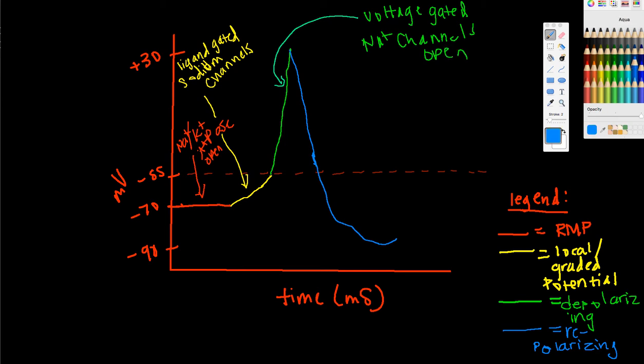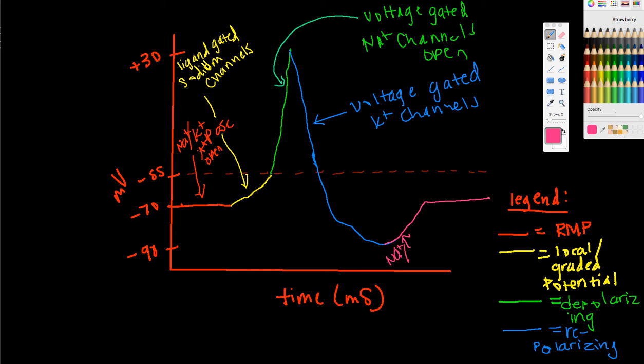But they shut at positive 30, making way for voltage-gated potassium channels to open. Those close at about negative 90, and I'm going to add a line here. Pink represents the sodium-potassium pump, it's actively restoring the resting membrane potential.